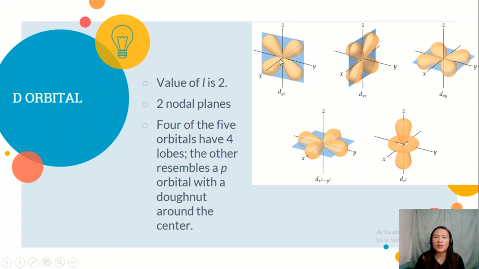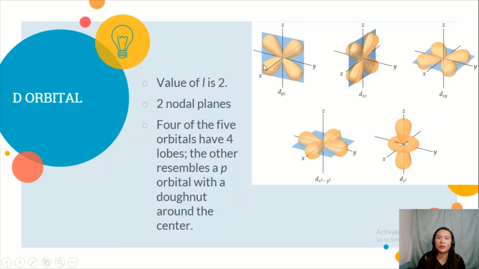If you notice, it's still the same as the p orbital, but we now get two dumbbell shapes. The first plane is where we can find the node, and the second plane is where we can find the other node. Okay, so it has two nodal planes. Now, 4 of these 5 different orbitals have 4 lobes.